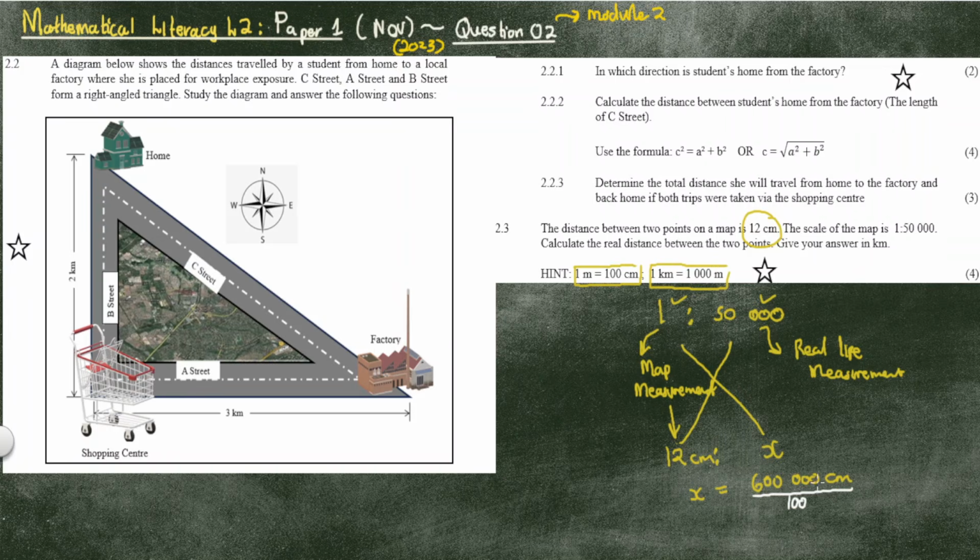Divide by 100. I'm now left with 6,000 meters. How do we change from meters to kilometers? We divide by 1,000. Cancelling, we get 6. So 6 is the final answer.